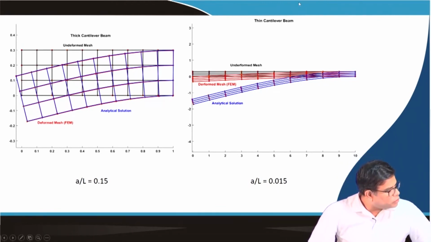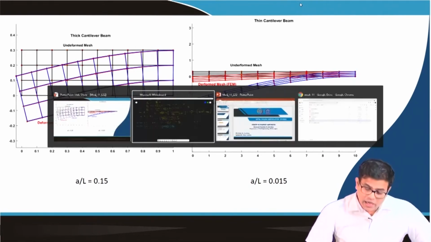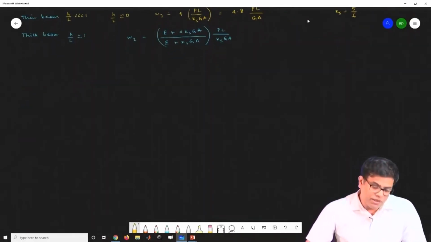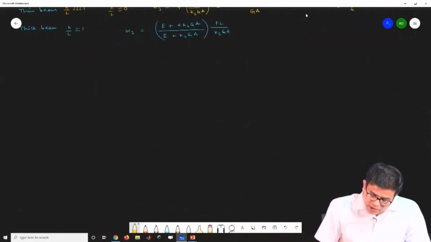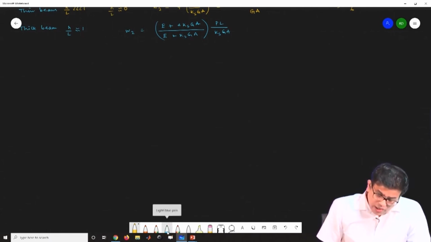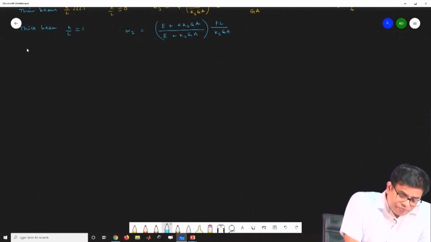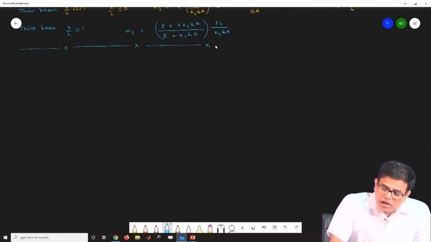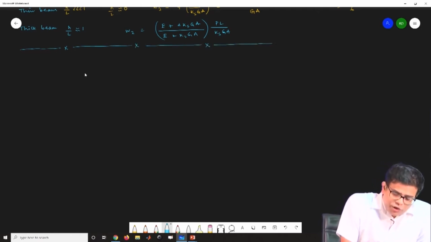To do that, let us check what happens. Let us consider a very simple element. Now let us consider a 2D bilinear element under simple pure bending.